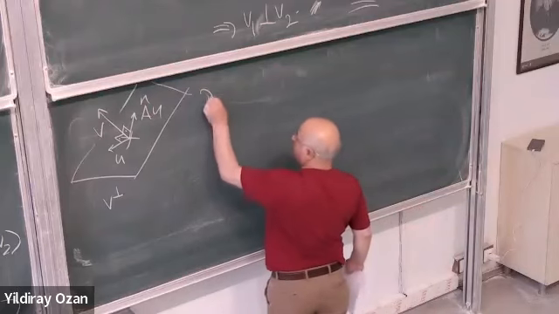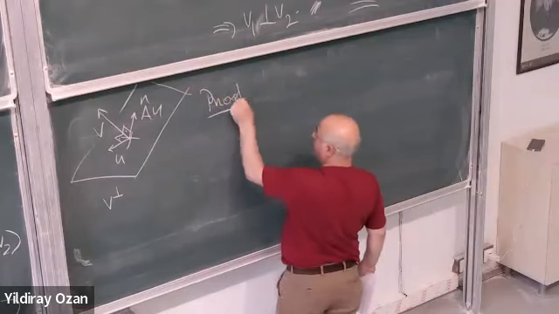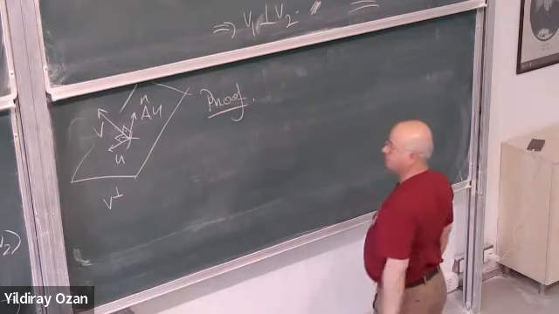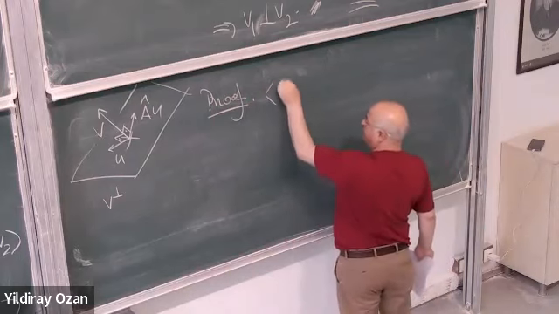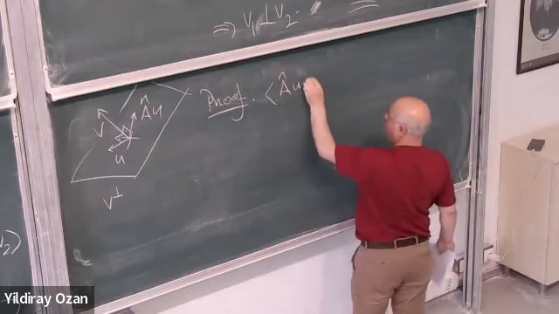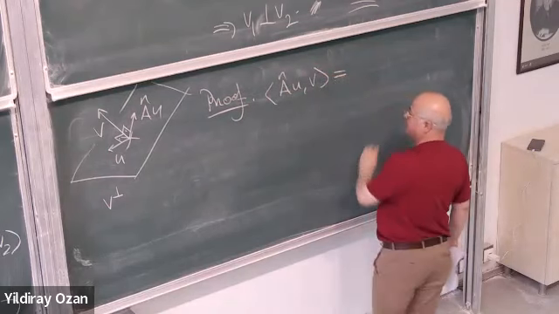And the proof is again easy. Let's see. The inner product of A hat U with V. Now, what is this?